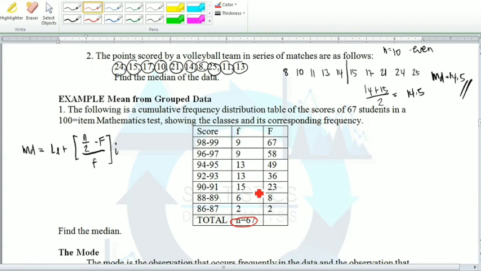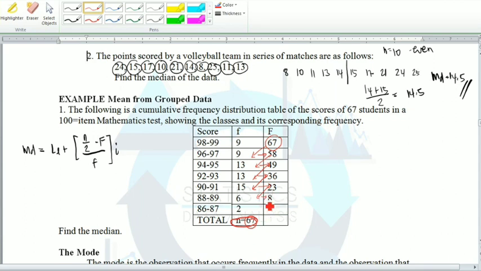By the way, class, if you can observe, this big letter F is the less than cumulative frequency. If you observe, class, it is written differently. But it's the same. The one that I have taught you is the greater than cumulative frequency. So, in this case, it is reversed. But it is the same, class. If you observe, this is where it starts, and then subtract here. 49 minus 13, 36 minus 15, 23 minus 6.